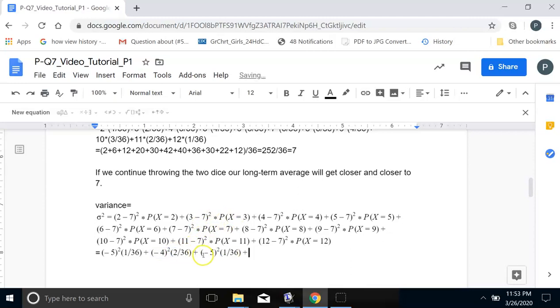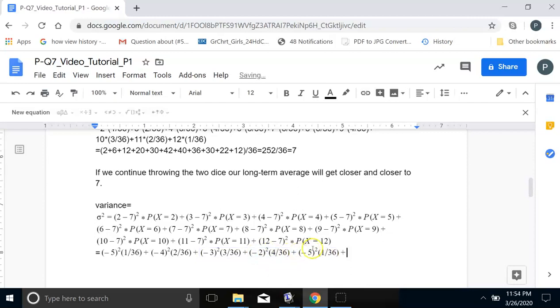The next one is 4 minus 7, so negative 3 squared, and the probability X is 4 is 3 over 36. The next one is negative 2 squared, 4 over 36.